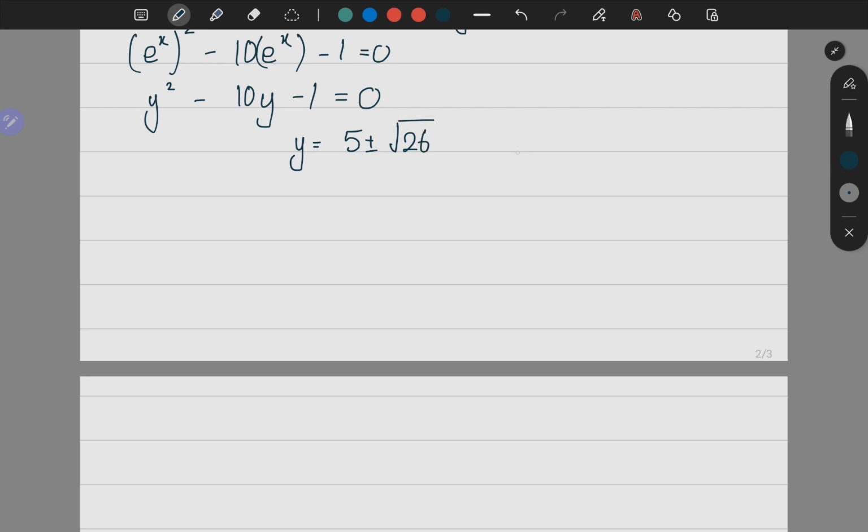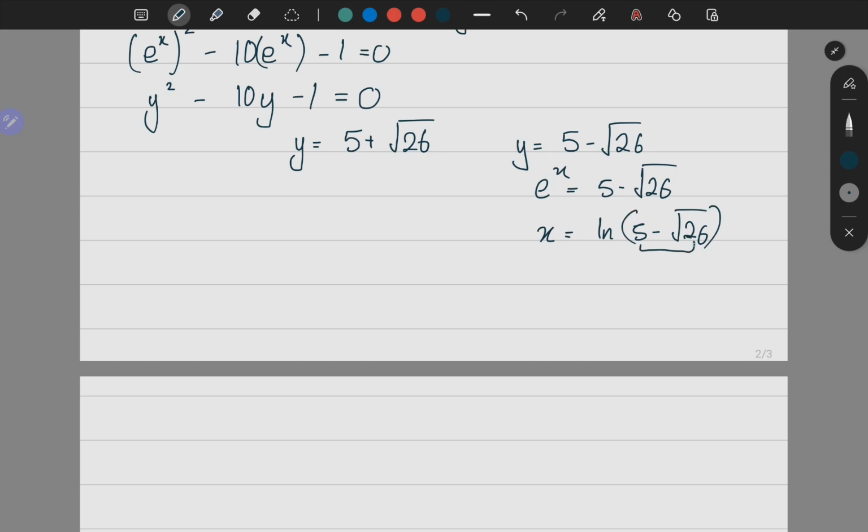Now, the negative counterpart, let me just write that as plus, is the problem with the negative part, which is this: it's less than 0, so that means it's negative. So when I do e to the power x equals 5 minus root 26, this is not going to give me an answer, because I would basically be saying x equals ln of 5 minus root 26, and this part is negative, it's less than 0.